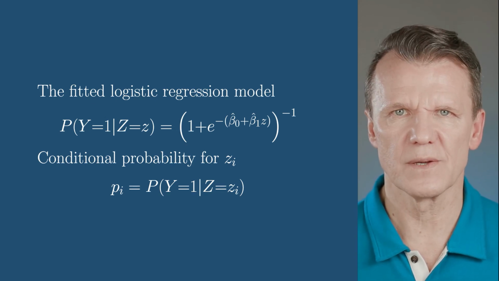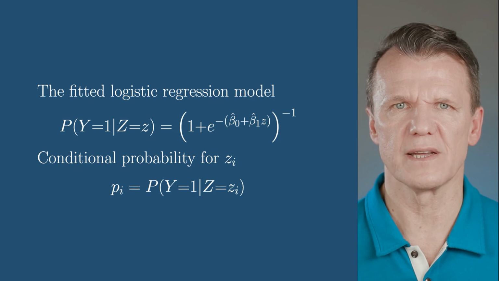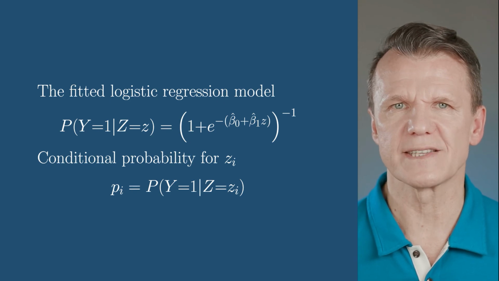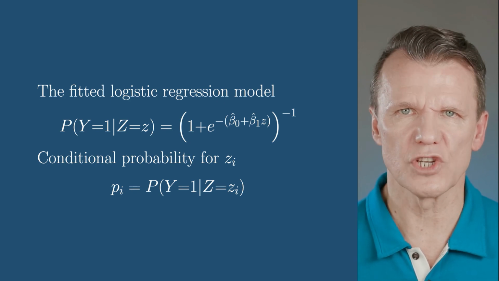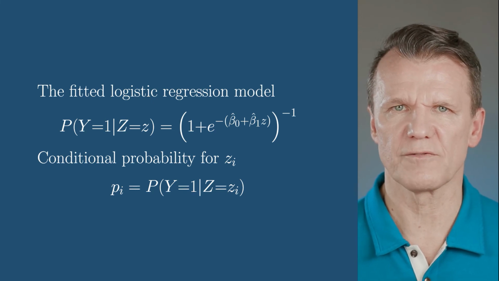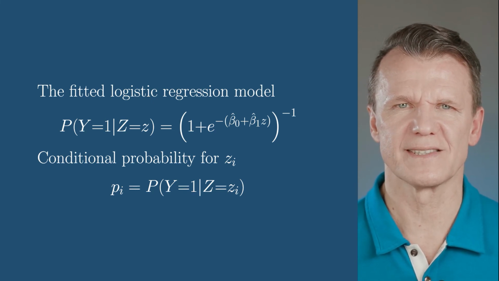Then unit i, with observed value zi, has the expected outcome probability Pi. It's often called the risk of outcome, and it's a conditional risk for given zi. A set of n units has a set of corresponding conditional risks.